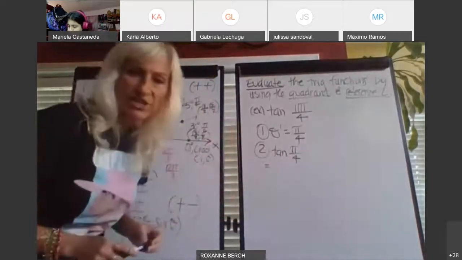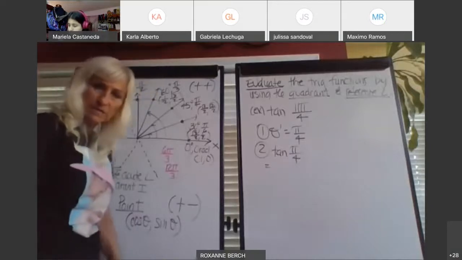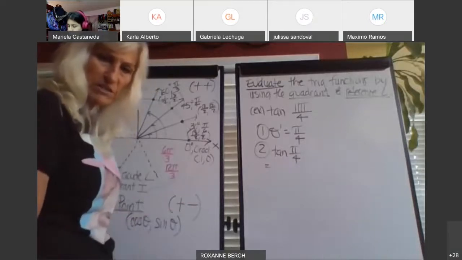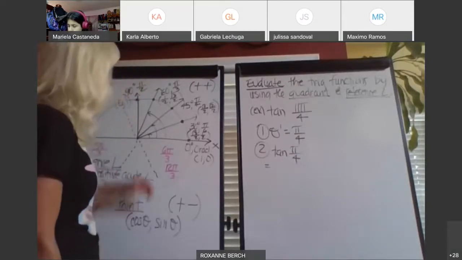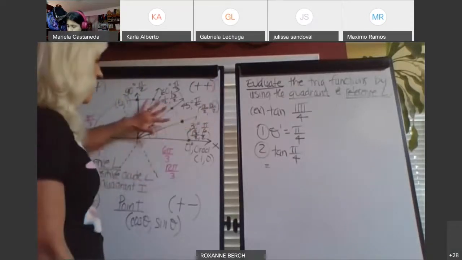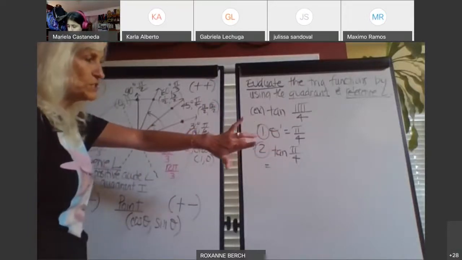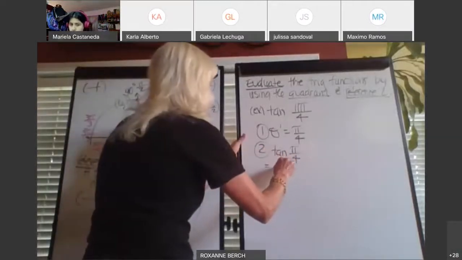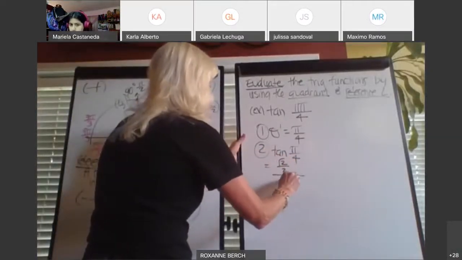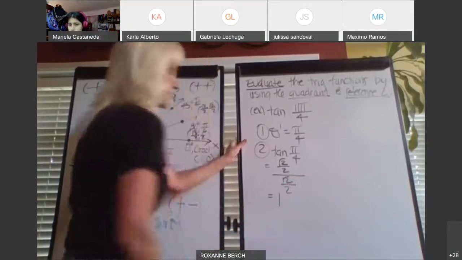We know that tangent is y over x, or opposite over adjacent. Two different definitions. So if you hold up your hand, your ordered pair is radical 2 over 2, radical 2 over 2, which is 1.